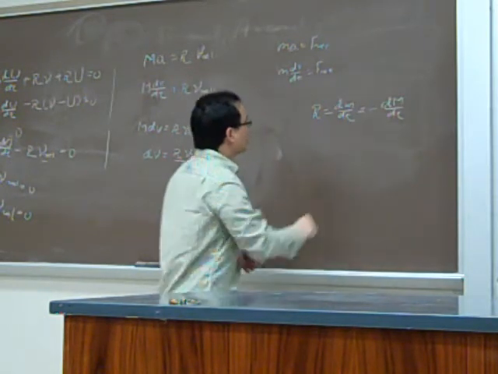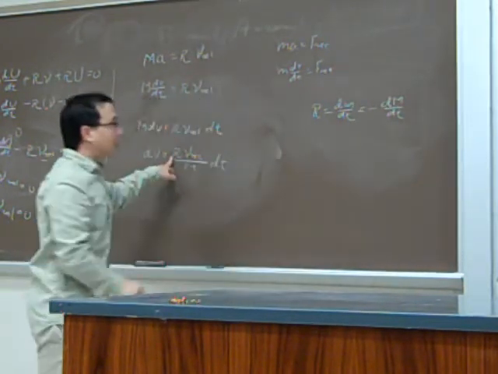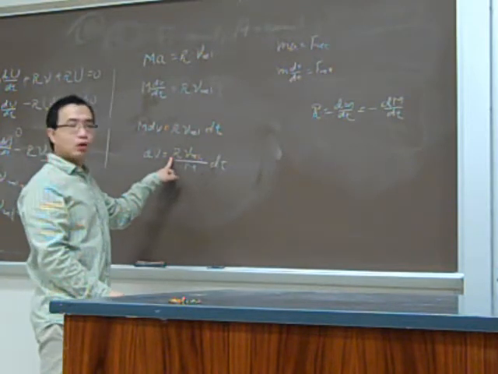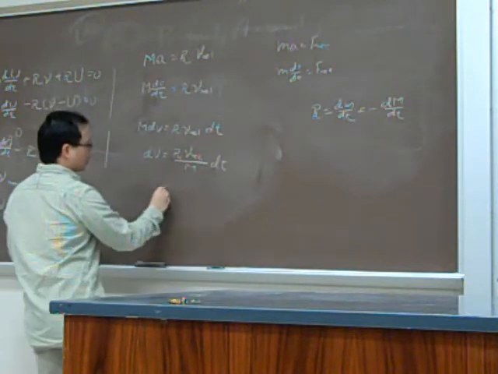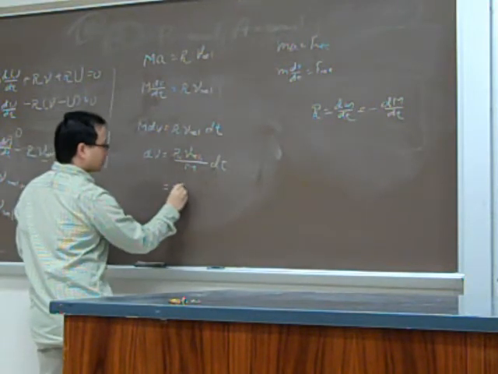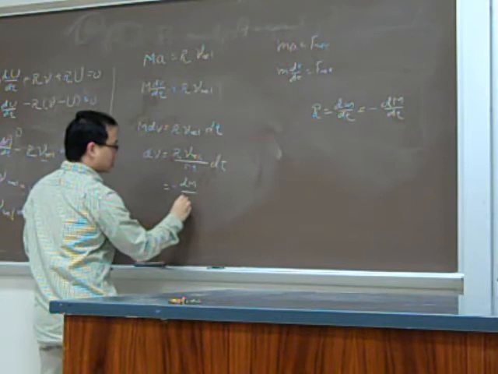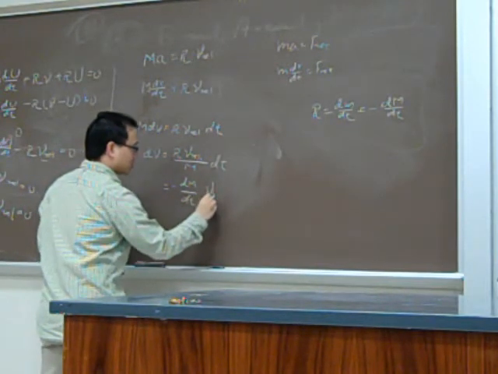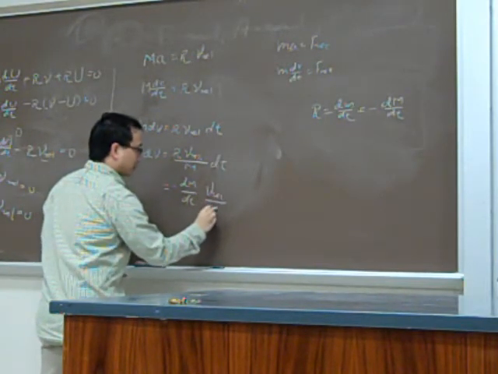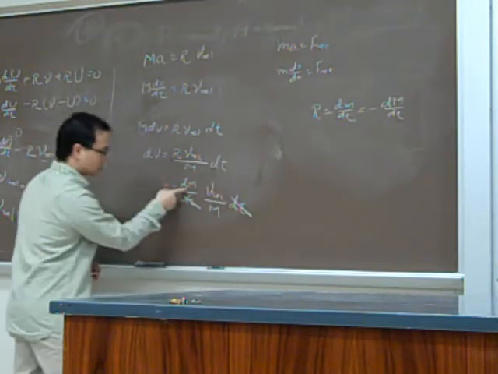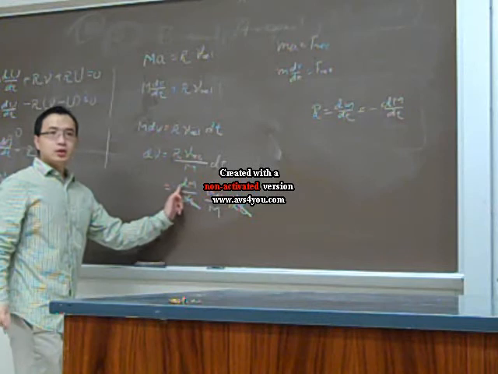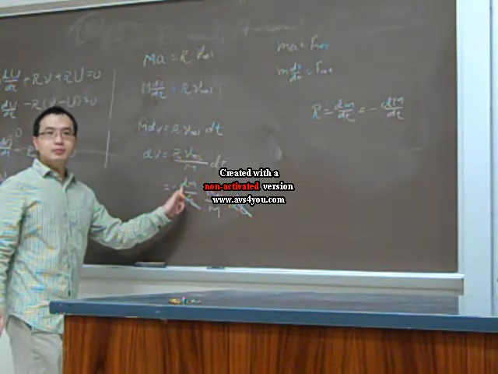So if we substitute r by negative d capital M over dt, you can see what we get. On this side we get negative dM over dt multiplied by v relative divided by capital M, multiplied by dt. So this dt cancels this dt, and you have a differential for dM.